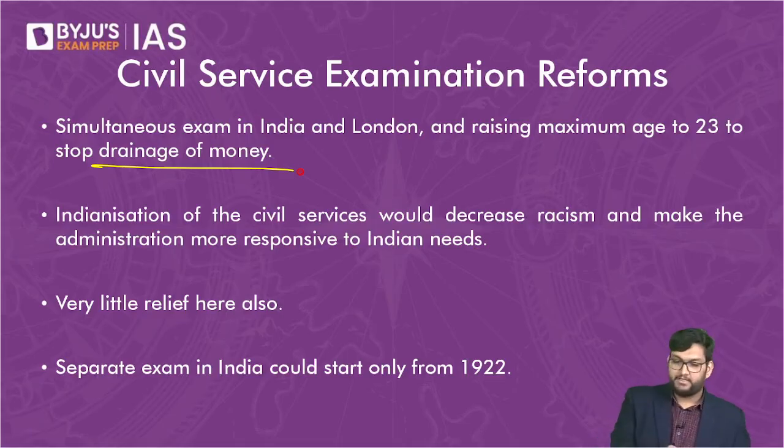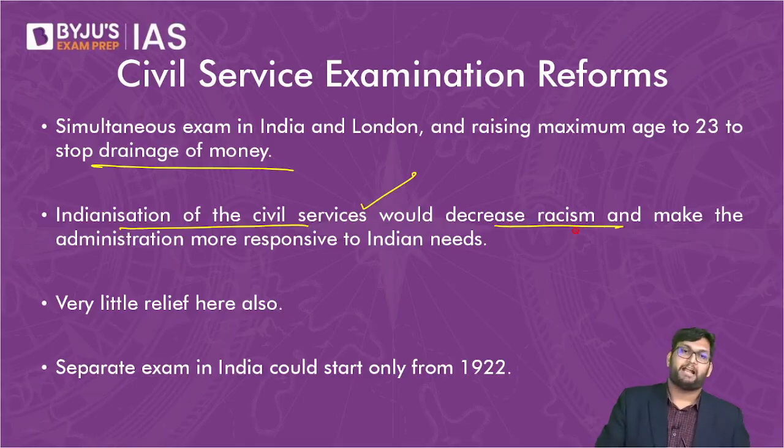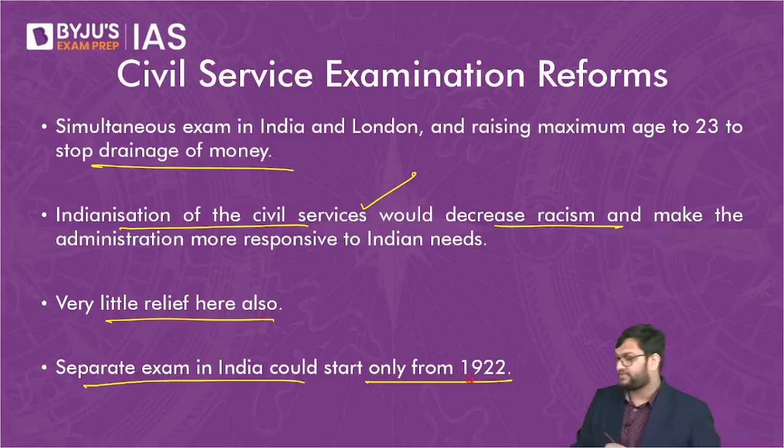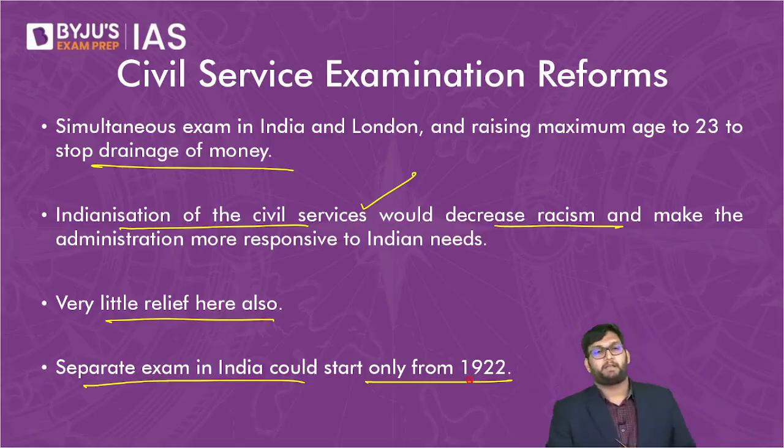Thereafter, Indianization of Indian civil services would decrease racism and make administration more responsible and responsive. Very little relief was given. Separate examination will start only from 1922. First examination will be taken in 1924. But it was recommended in 1922.